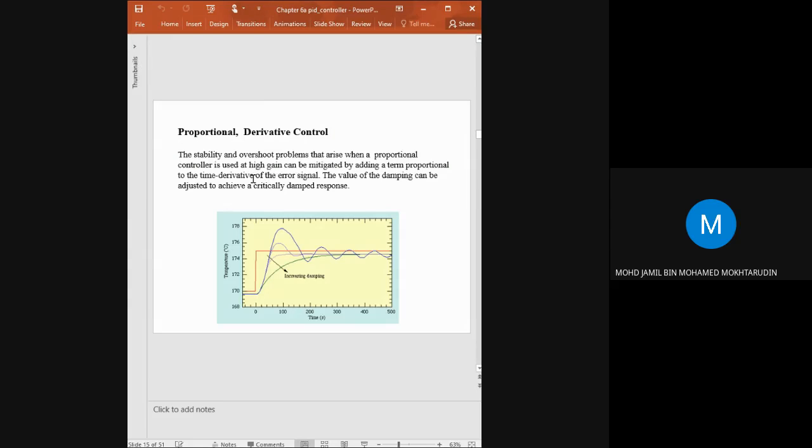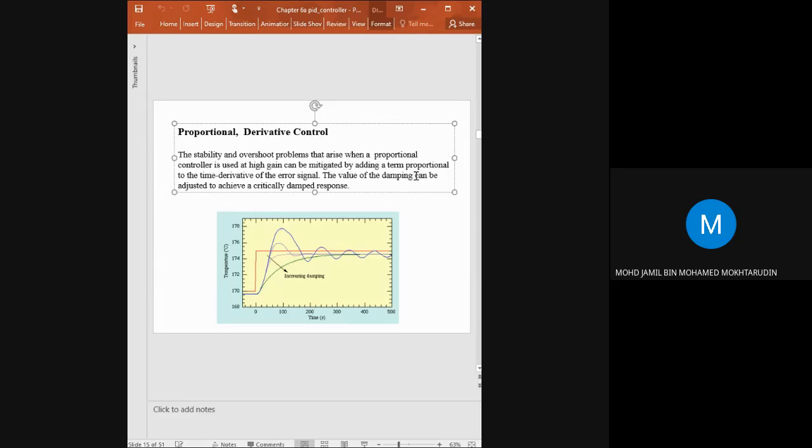So if you add derivative controller, then derivative controller will counter the setback by proportional controller, which is the stability and overshoot problem, meaning that derivative controller will reduce the overshoot of the system.